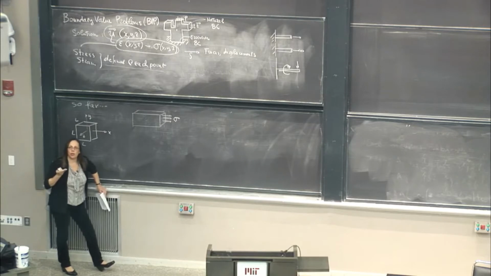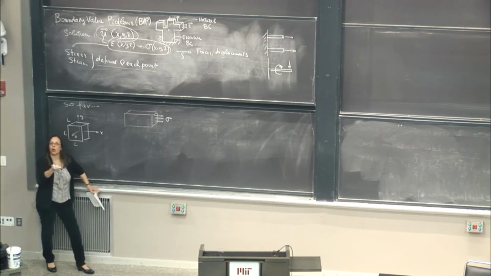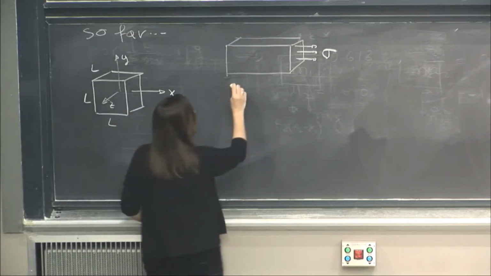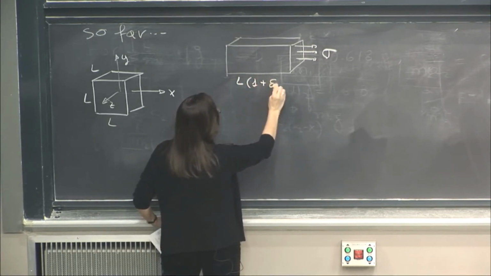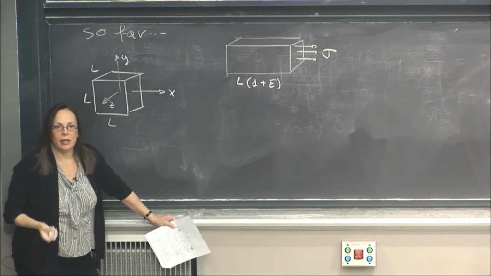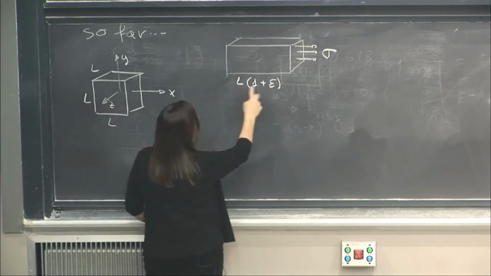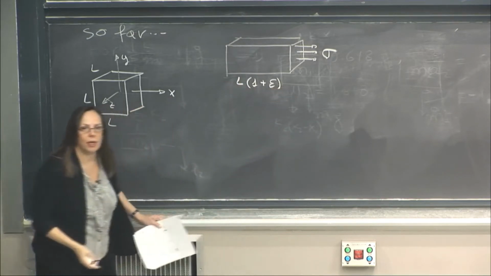If I load with the stress sigma along the same direction, I'm going to have an axial strain, a normal strain, what we call epsilon. So this side here now is going to be L multiplied by 1 plus epsilon, right? Because if it had a side L, the elongation will be epsilon times L. So this whole length is going to be L(1 plus epsilon).